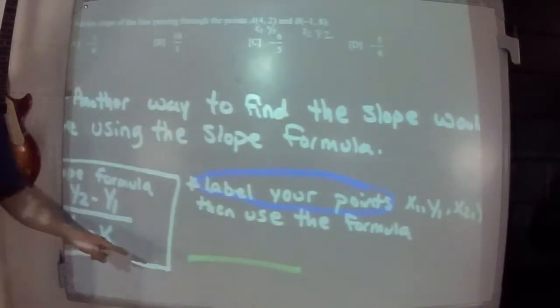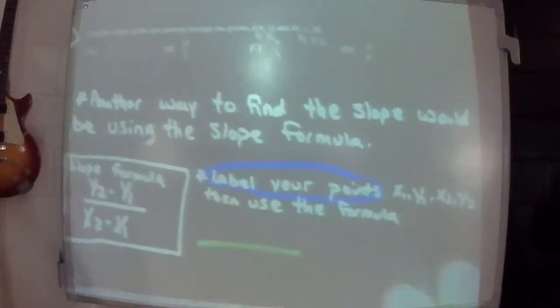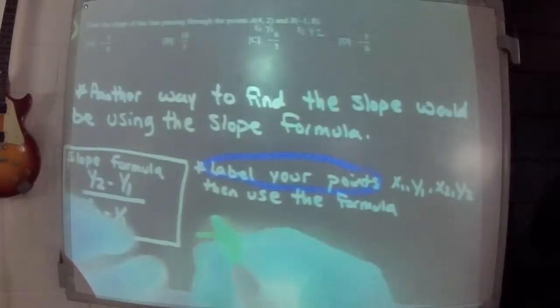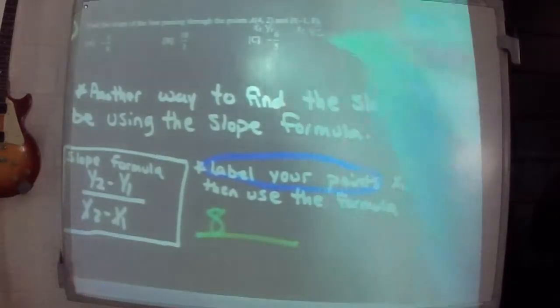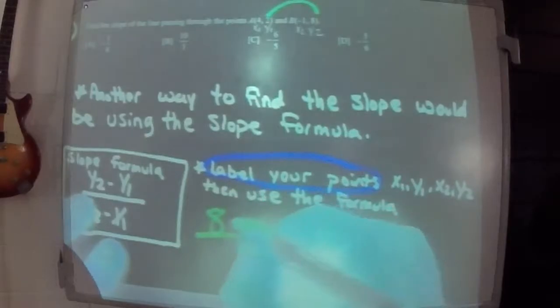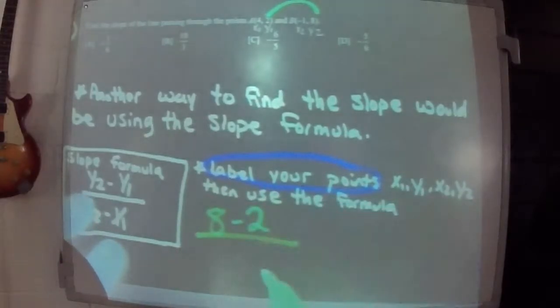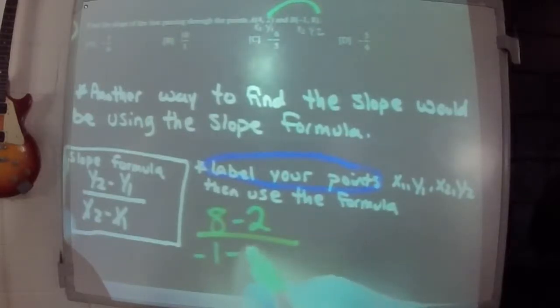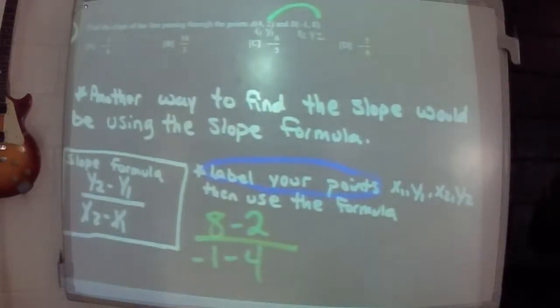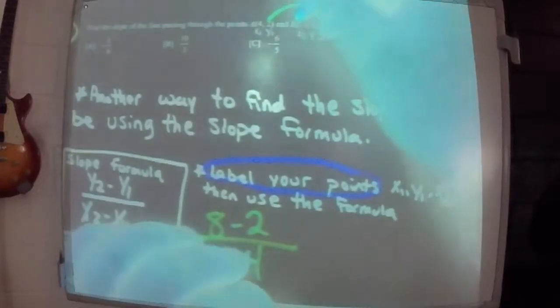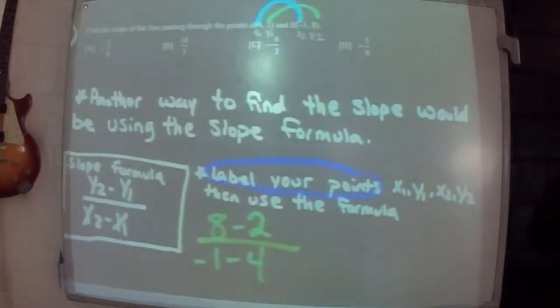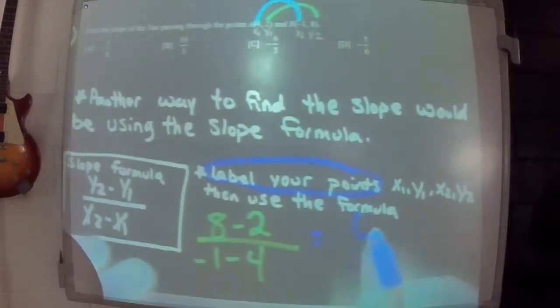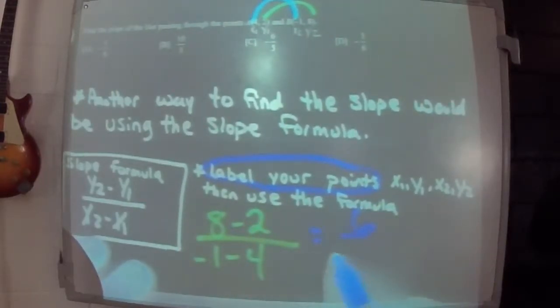So what's Y2? 8. 8 minus 2 over -1 minus 4. 8 minus 2 is 6, and -1 minus 4 is -5.